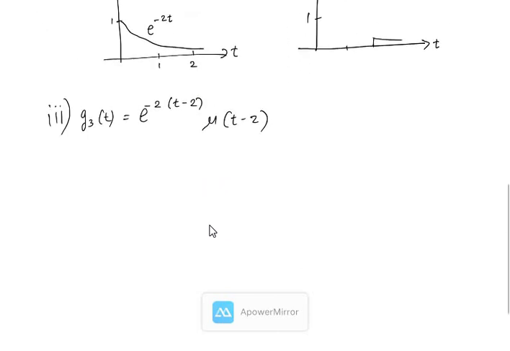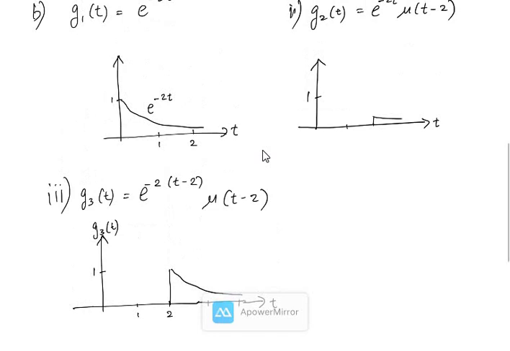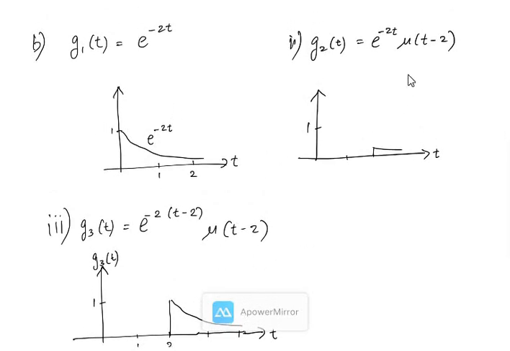This means we shift the whole graph to the right-hand side 2 units. So this is g3(t). Do you understand now? What's the difference between the unit step of t minus 2 and the other cases of t minus 2?